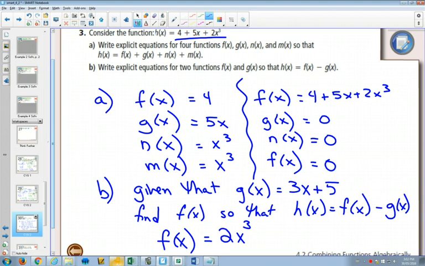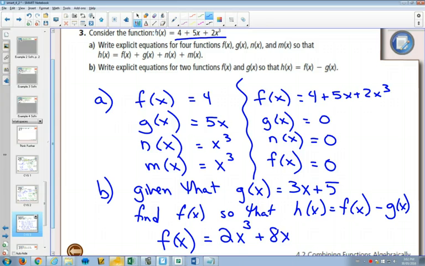Okay? And then if I need a 5x, how many x's would be in f of x? 8. Because if I have 8x minus 3x, I'm going to get 5x.